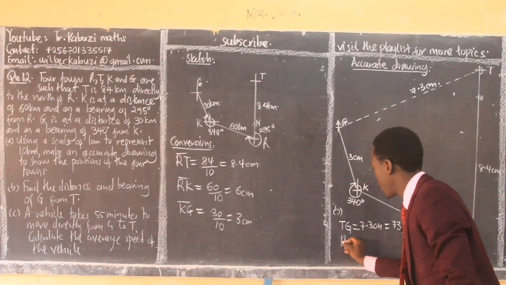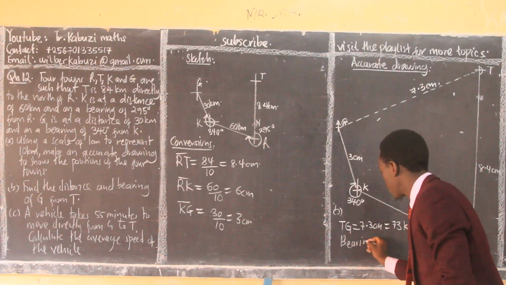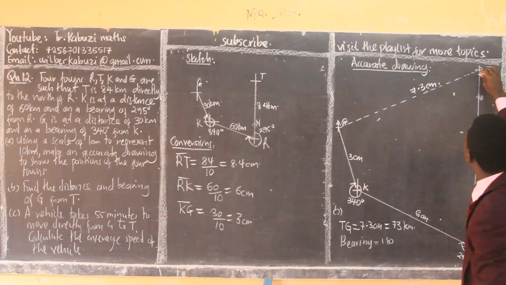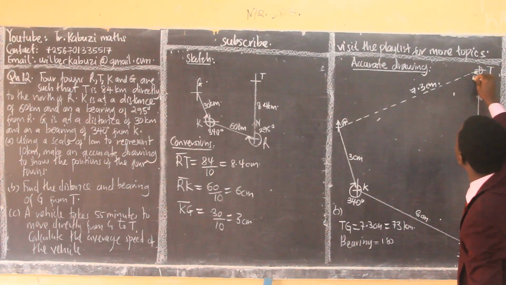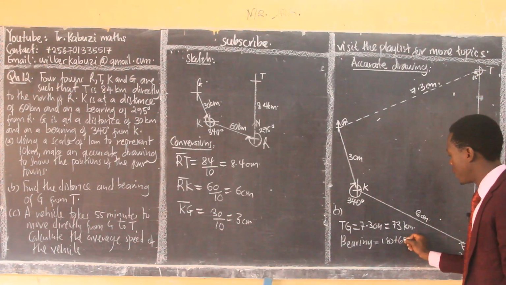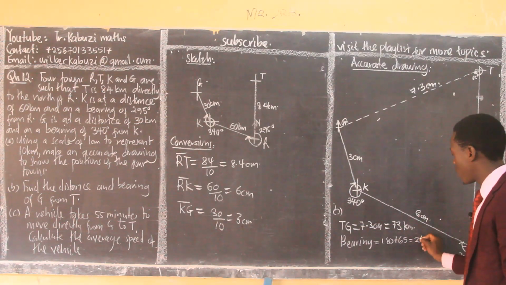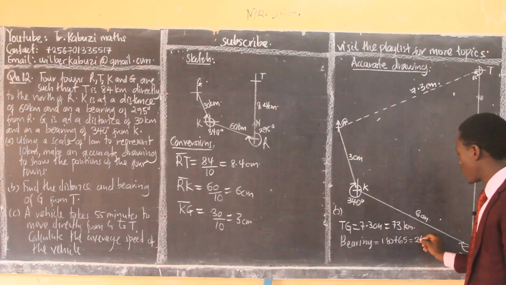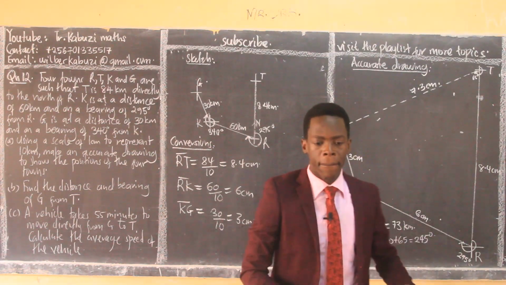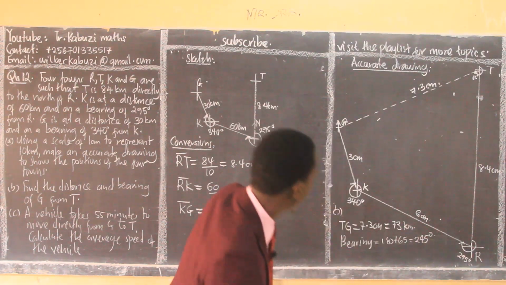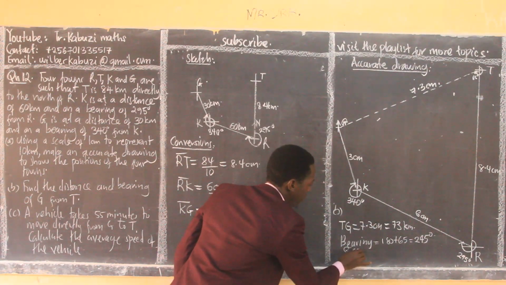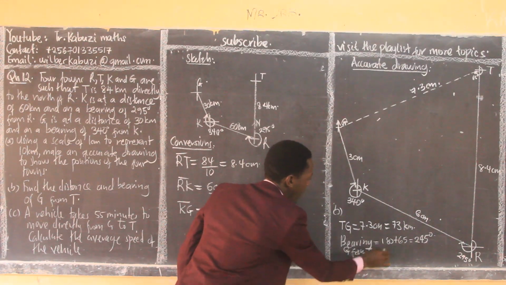The 180 from here up to here, then I measure off this one, which is 65 there. So plus 65, which will give me 245 degrees. So that's now my bearing of G from T.